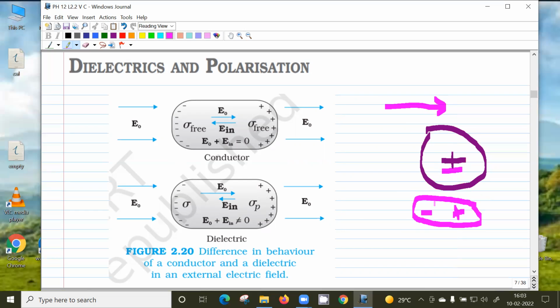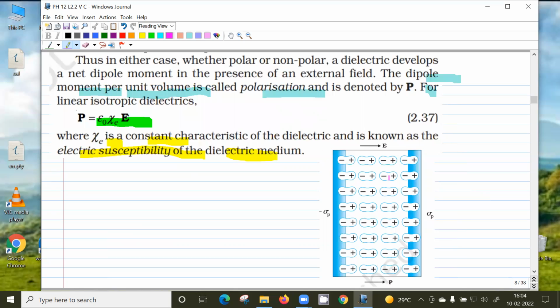If you look at the dipole as a whole, it is neutral. But since there is a small separation of the charges, there will be an electric field from positive to negative. So on the surface, some positive charge will come here, and some negative charge will come here. This picture is simpler to understand in the case of a parallel plate capacitor. All the individual molecules will get polarized like this.